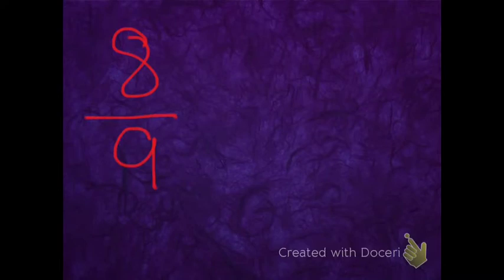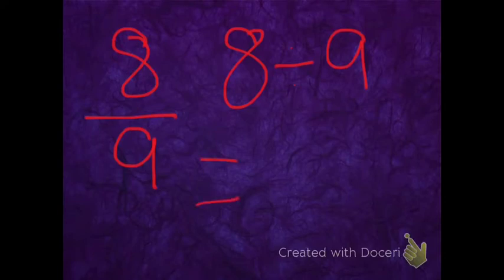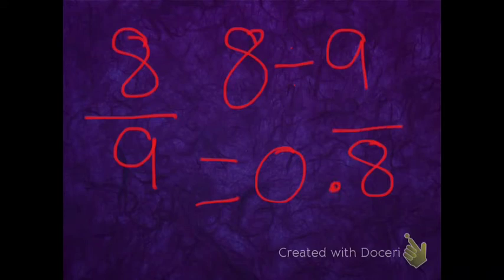So you would just start your second problem, and your second problem is 8 over 9. What you would do for that, you would divide 8 divided by 9, and you would get 0.888, and it repeats so you'd stick the bar over it. Your next step is to move the decimal point over 2 places to the right.